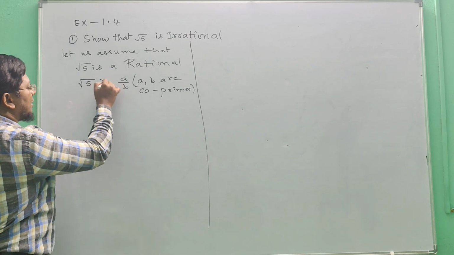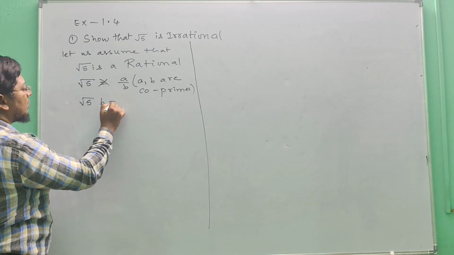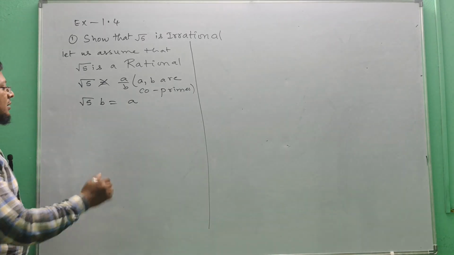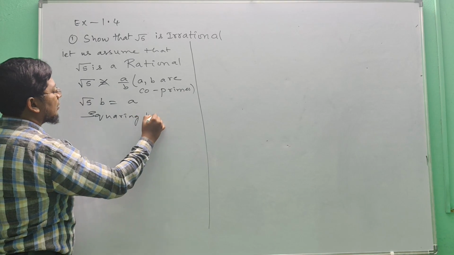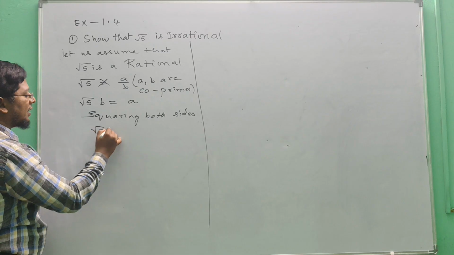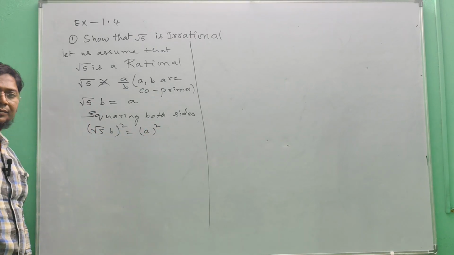So we have to cross multiply. Root 5 b is equal to a. Then squaring both sides, same method. We will get root 5 b whole square is equal to a square.